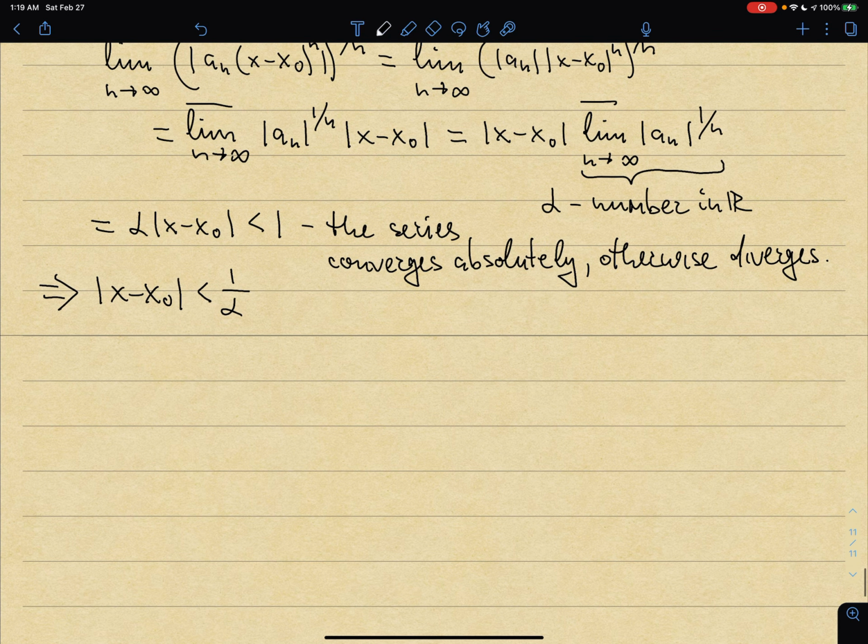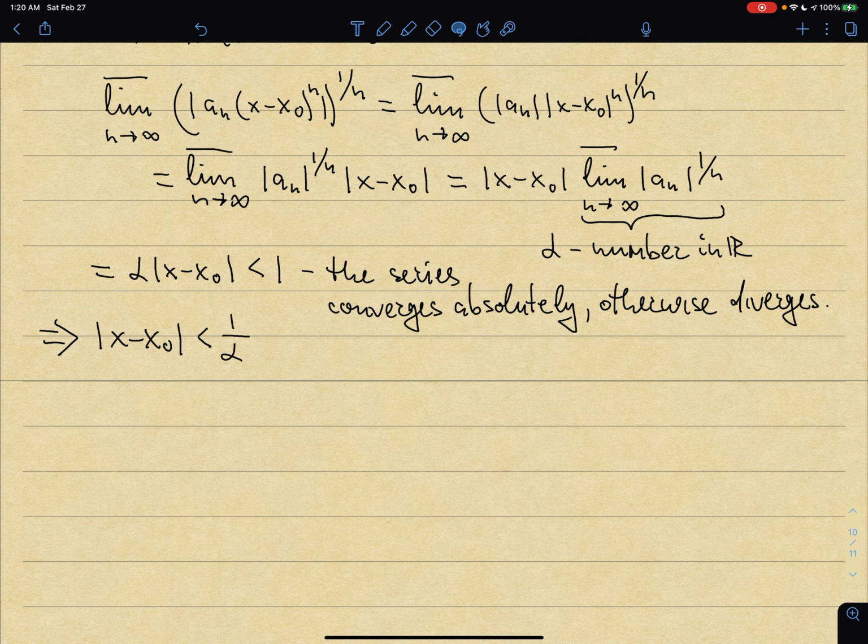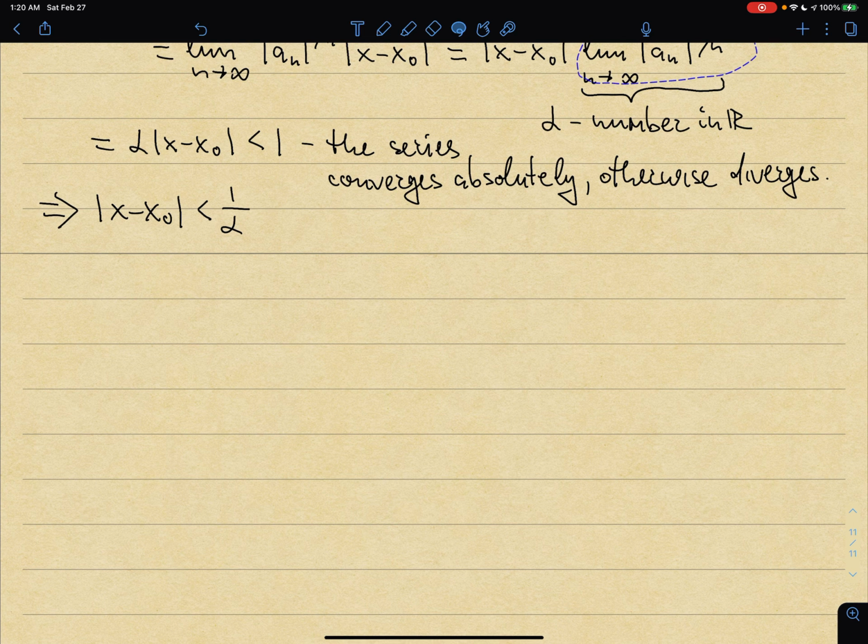So if my fixed x is such that the magnitude of x - x0 is less than 1 over alpha, and the alpha, again, is the lim sup, some number that depends on the coefficients of my power series, then the series converges absolutely.